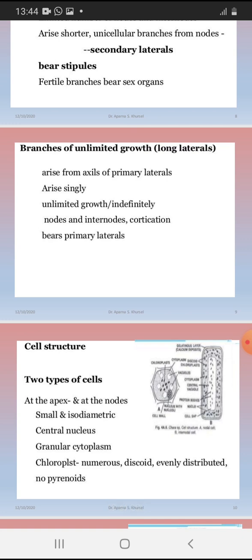The branch of unlimited growth arises from the base of the primary lateral, that is the base of the branch of limited growth. They show the presence of nodes and internodes.